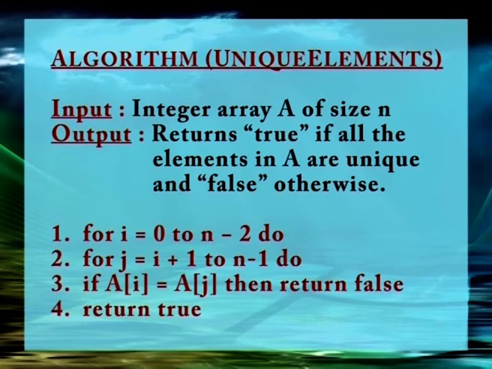Second time i is 1, j goes from 2 to n minus 1, and the inner loop executes n minus 2 times. Third time i is 2, j goes from 3 to n minus 1, and the inner loop executes n minus 3 times, and so on, each time executing one less than the previous iteration and finally dropping to just 1.